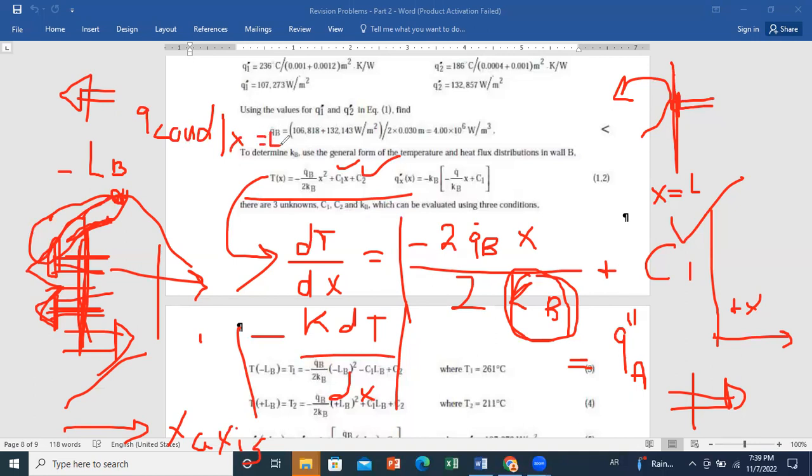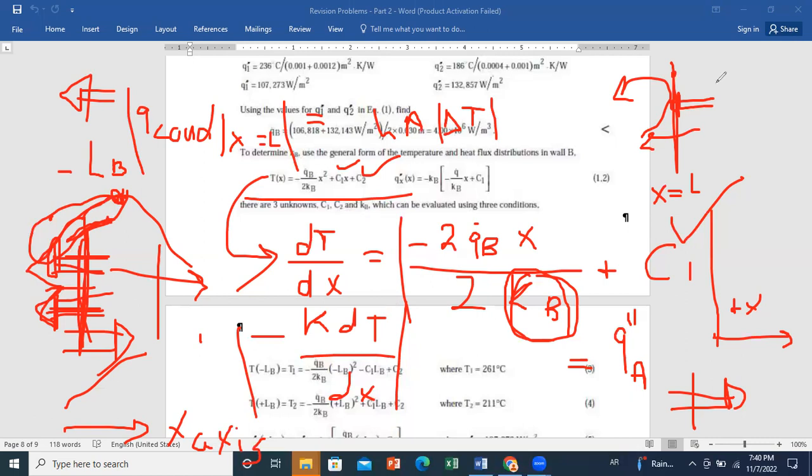We know Q conduction at a certain point is minus k dT/dx at this position, and the convective flux is computed as h times A times delta T. In general, we know the direction of heat transfer, so you can take the absolute value of Q conductive equal to hA times the absolute value of delta T. So you always take T max minus T min, and you evaluate Q conduction from the equation.